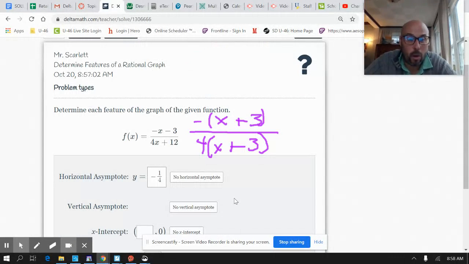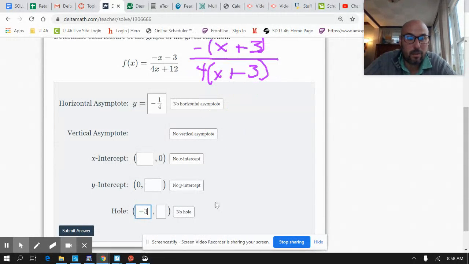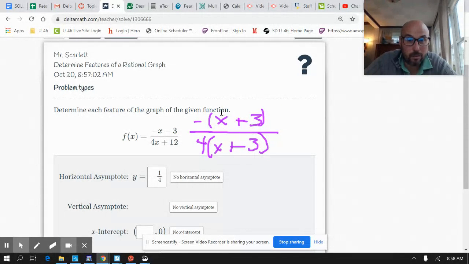And what is the y value when x is -3? Well, first of all, when x is -3, right here with this purple, there's no solution. There's no number. It's undefined because you're dividing by 0. So you'd have to cancel out the x plus 3's first. And when you do cancel out the x plus 3's, what are you left with? You're left with -1/4.